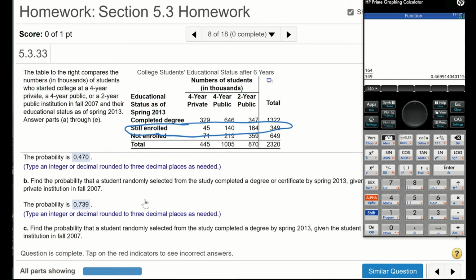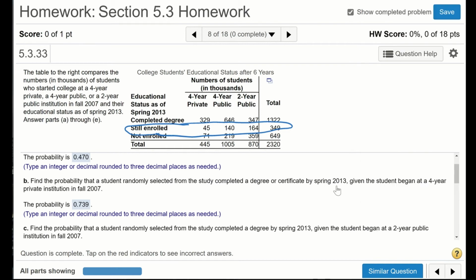Find the probability that a student randomly selected from the study completed a degree or certificate by spring 2013, given that the student began at a 4-year private institution. So the restriction part, what restricts our sample space, is this part.